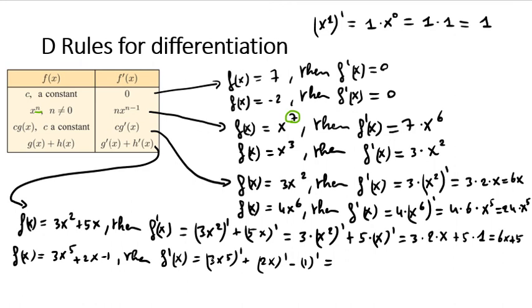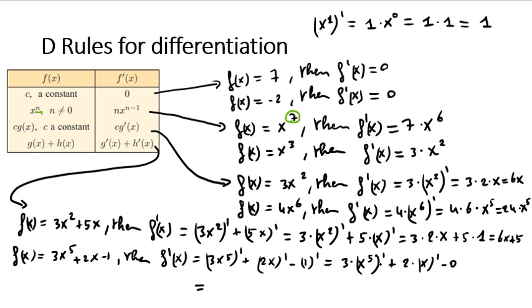To calculate the derivative of 3x to the power of 5, we keep the 3 and we take the derivative of x to the power of 5, plus we keep the 2 here and we take the derivative of x, and the derivative of 1 is the derivative of a constant, and that is equal to 0.